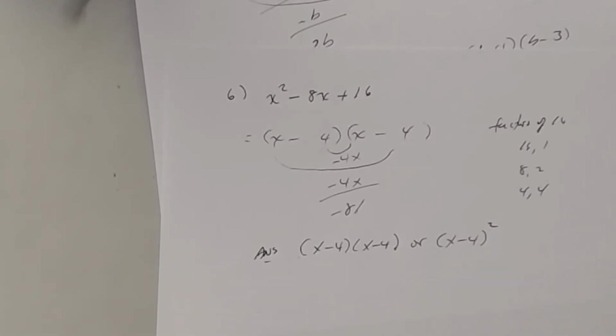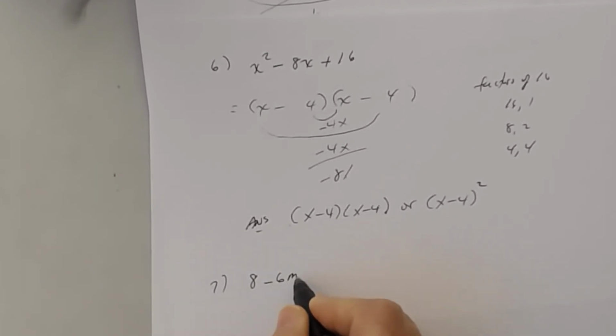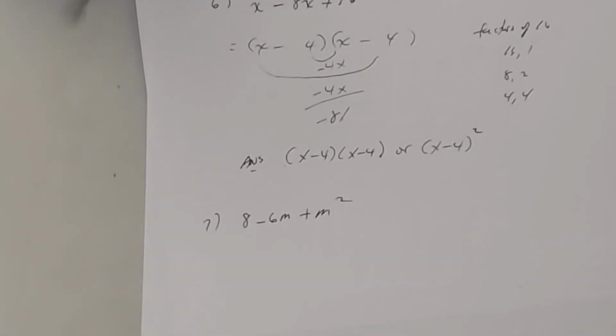All right. Let's look at this one. All right. So let's suppose you had this. Number 7. Suppose you had 8 minus 6m plus m squared. There's one like that in my math lab and one like that in your worksheet.